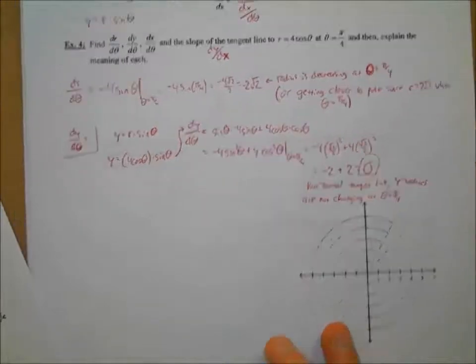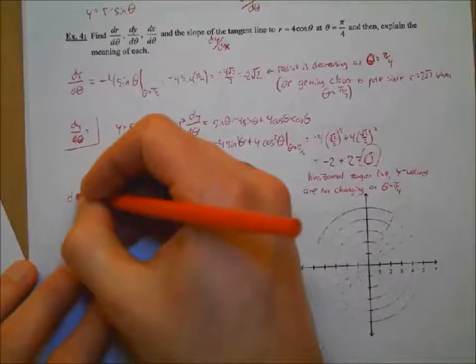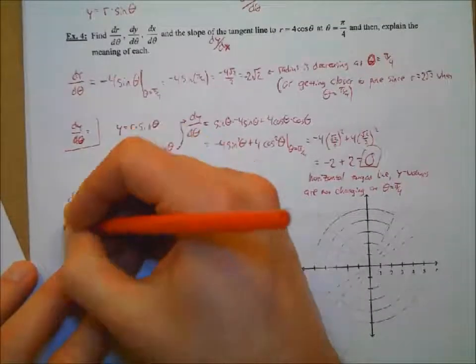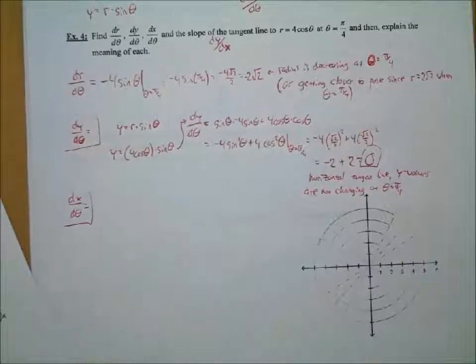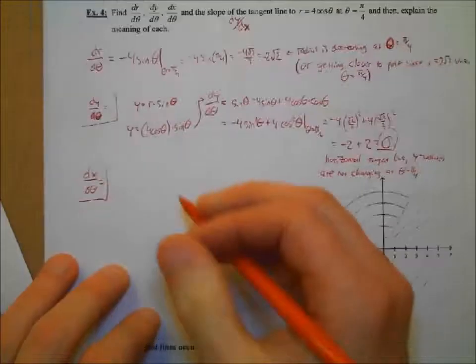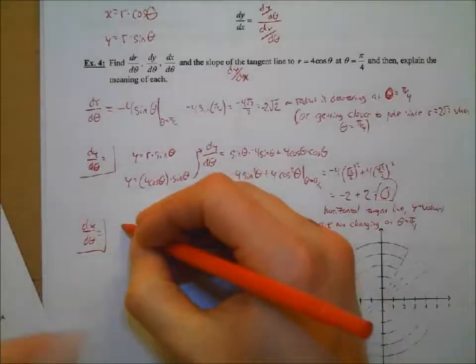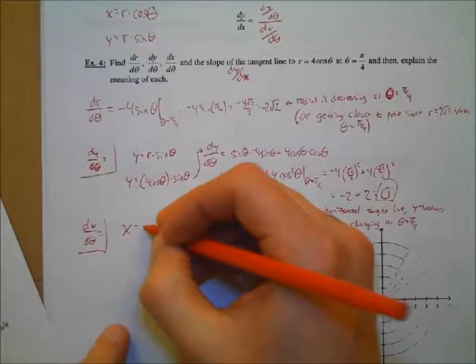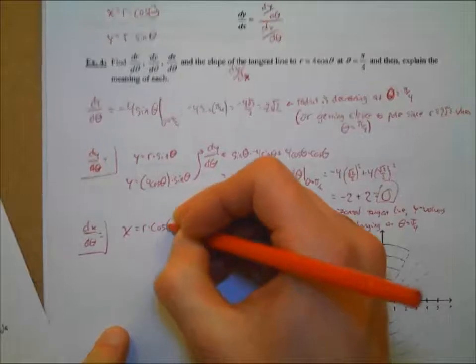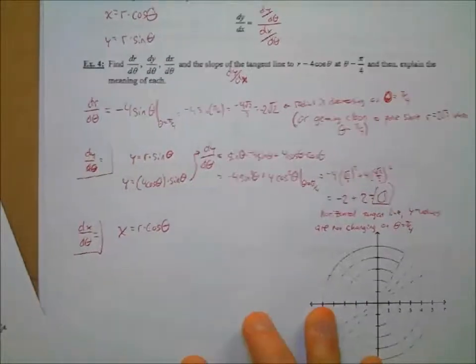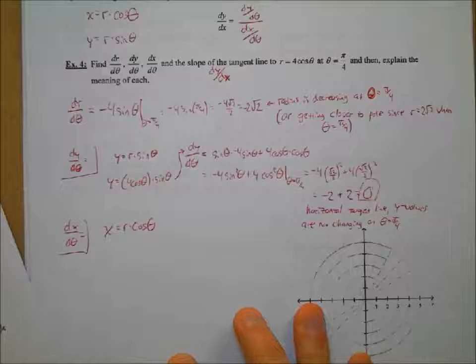Okay. All right, let's try dx/d theta. And how about you guys go ahead and give this one a try? Okay, I'll help you get started here. We're going to start the same way that we did before. y is equal to r sine theta. So in this case, we're going to use x, which is equal to r times the cosine of theta. But what is r in our scenario here? 4 cosine theta.